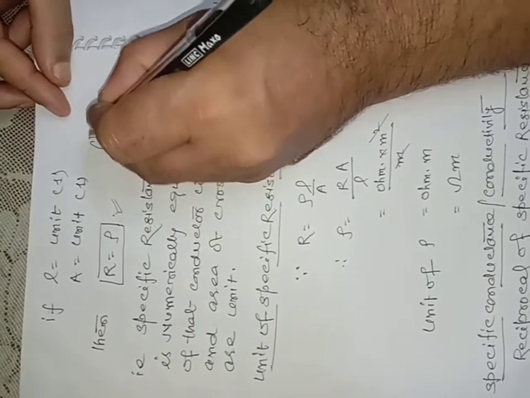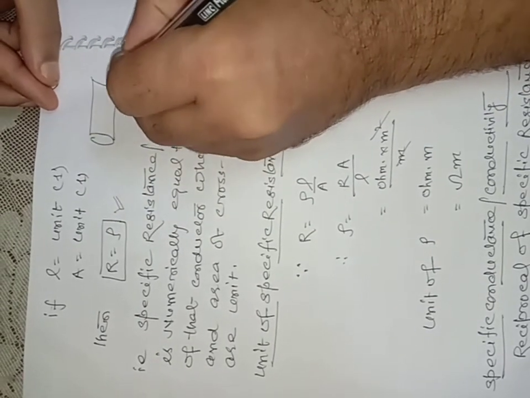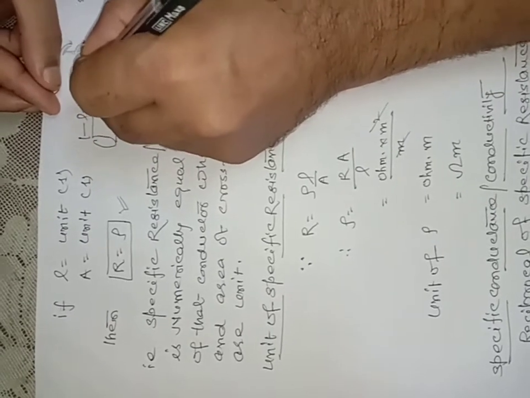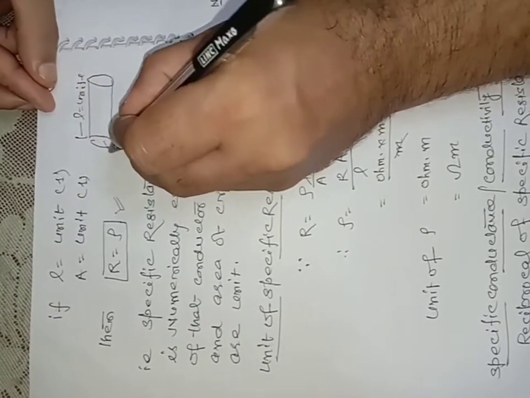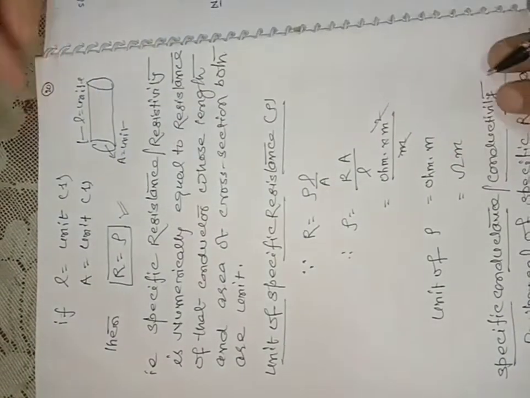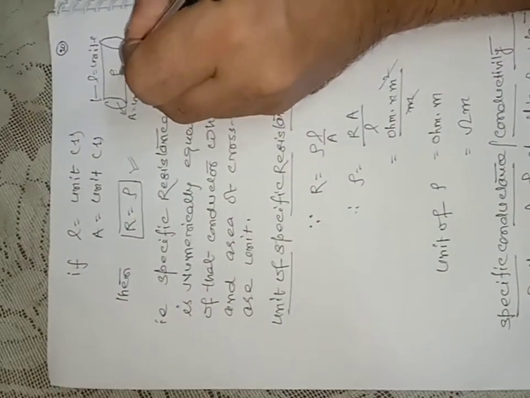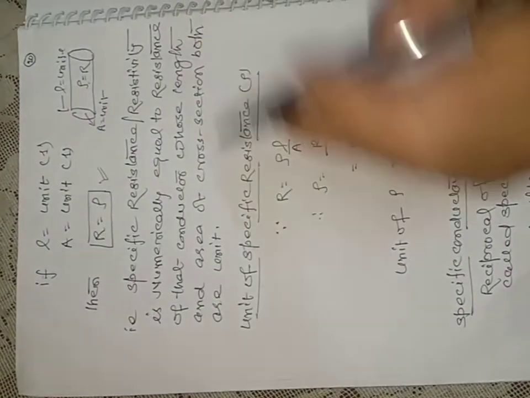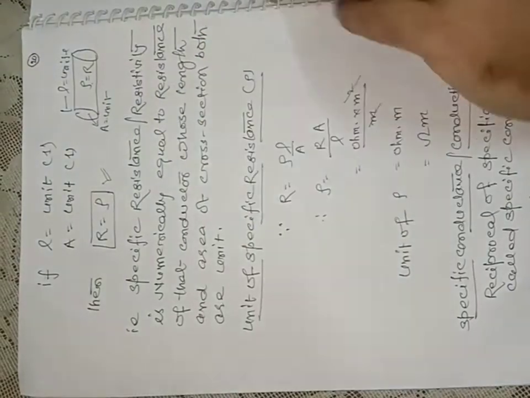Suppose we have a conductor whose length is unit, say 1 meter, and its area of cross section is also unit, 1 meter square. Then the numeric value of specific resistance is equal to its resistance. Correct? So this is the definition of specific resistance.